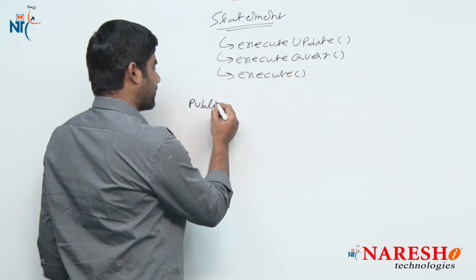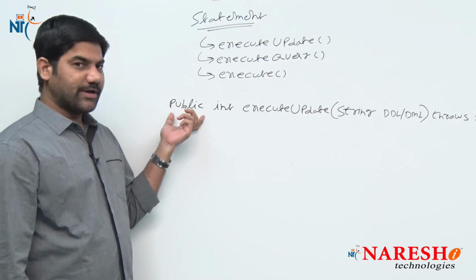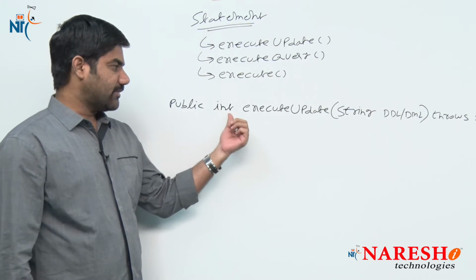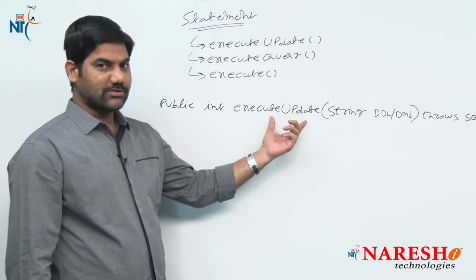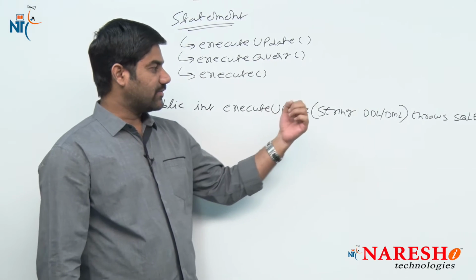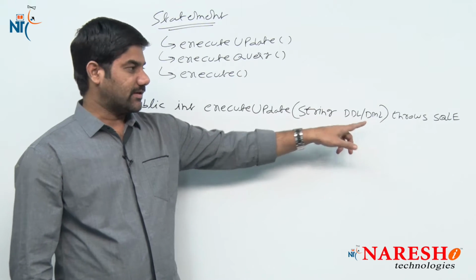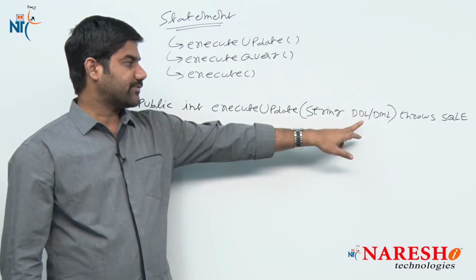This is the prototype of the method. It's a public, non-static method. The return type of the method is an integer value, and the name of the method is executeUpdate. This method always takes an argument, and that argument is your query. The query must be in string format only. Which type of queries can we place here?